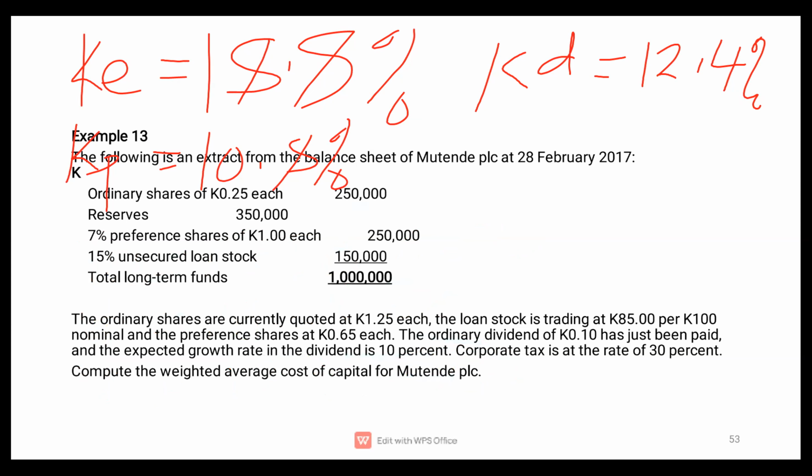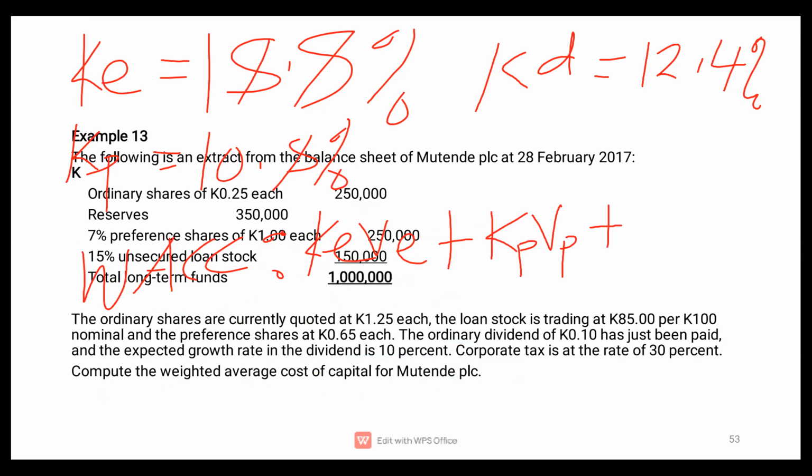To find the weighted average cost of capital, it shall be given as the cost of equity times the value of equity plus the cost of preference shares times the value of preference shares plus the cost of debt times the value of debt.